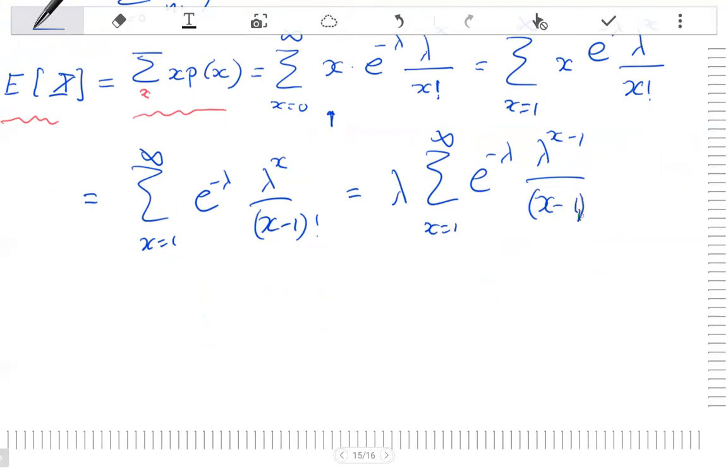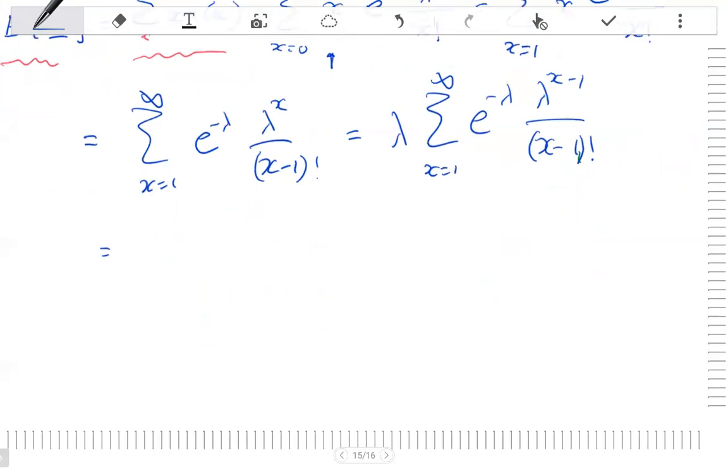And now notice that we can replace these x's. Let's do this properly: y is equal to x minus 1. Then this is the sum of e to the minus lambda, lambda to the power y divided by y factorial.